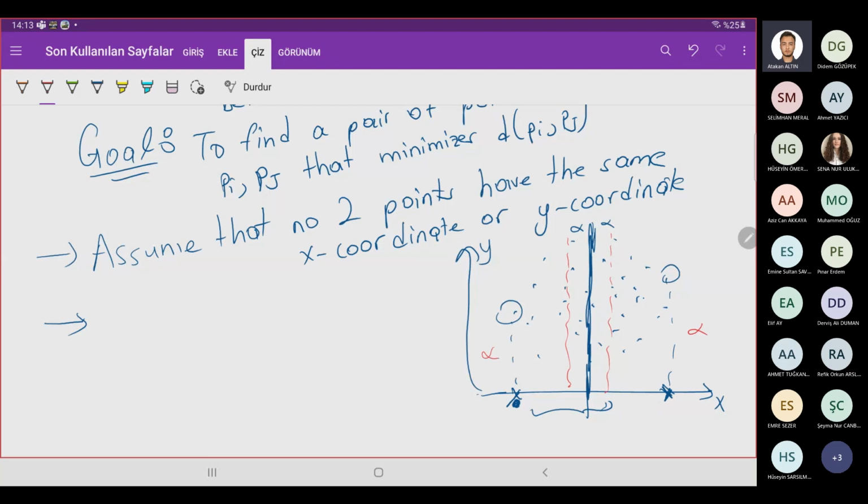I will define a region in which there are not many points, and I will prove that if I search the points only in this region, that's enough and totally correct. That gives me the result. The others are unnecessary.